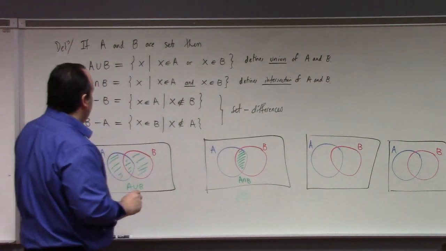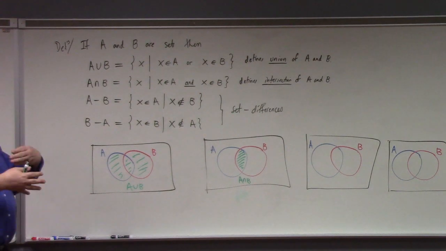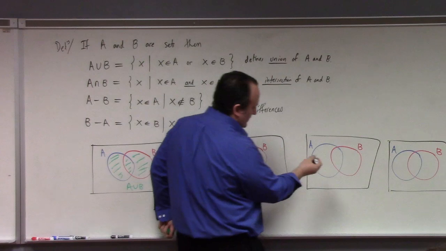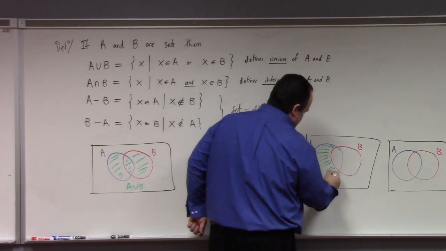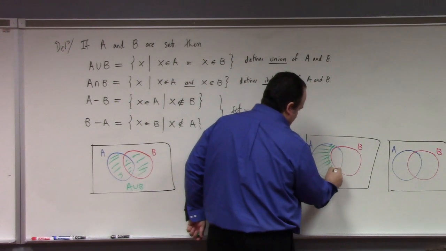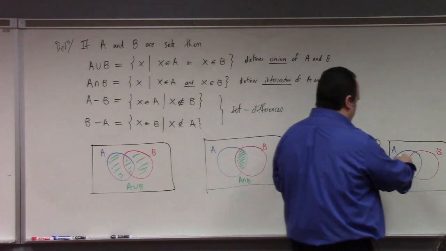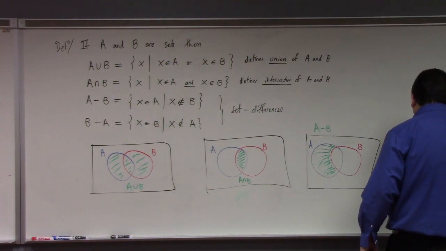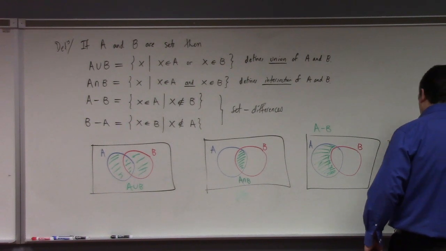How about A minus B, where every point is in A but not in B? It's not exactly a Pac-Man, but it's this piece over here. That's A minus B. On the other hand, over here, this is B minus A.